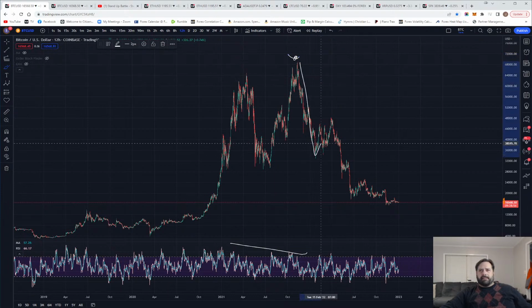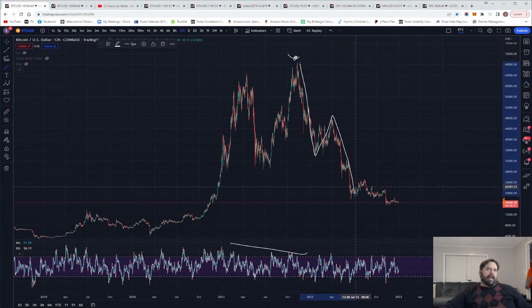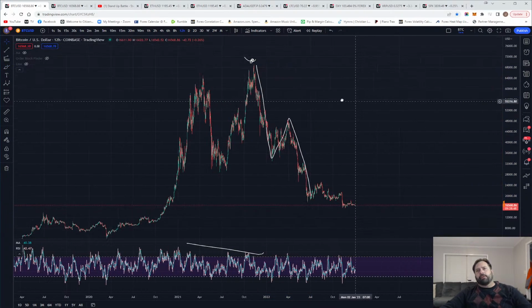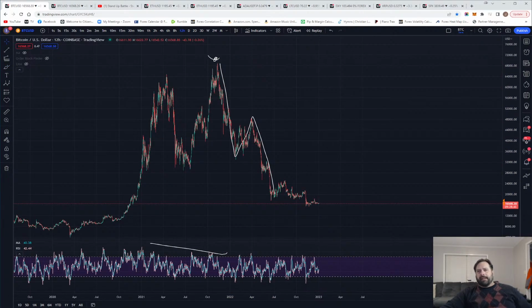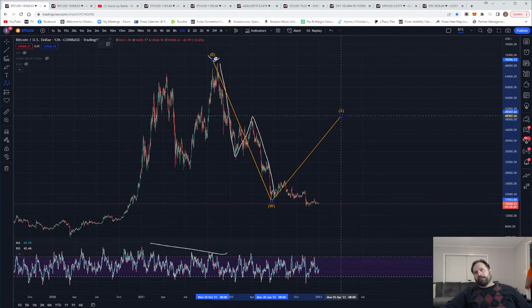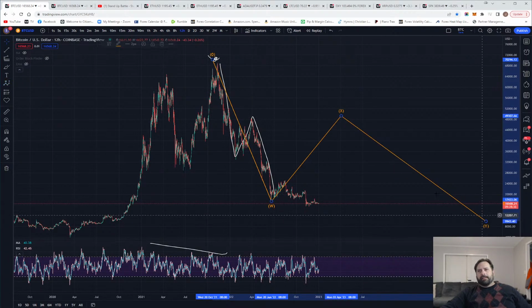And that this is the A wave or the X wave or the W wave of a larger 3-wave correction, that I'm expecting to get a W, then an X wave here, and looking for the next round to go on down a Y wave. That's going to take us another couple of years, right, or another year or so to play.